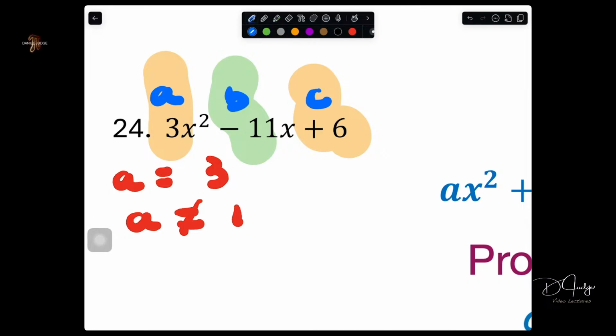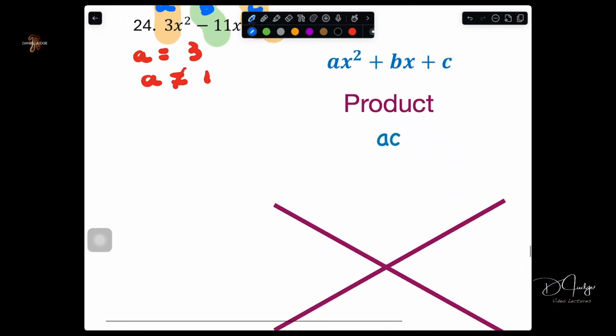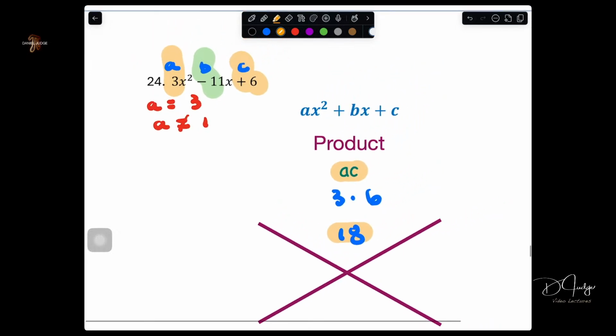Three times 6, ladies and gentlemen, is the value 18. Okay. So we take that product, AC, and then we just notate what B is. B is here, negative 11.